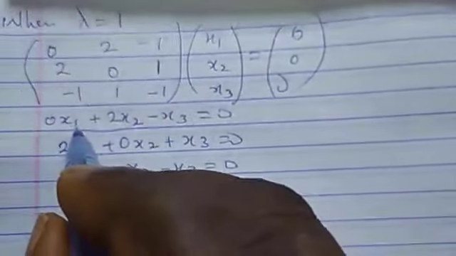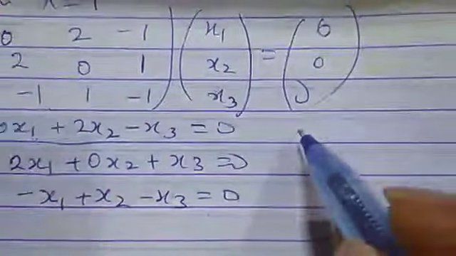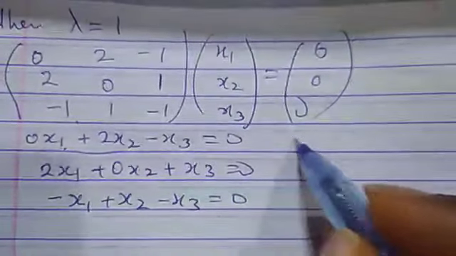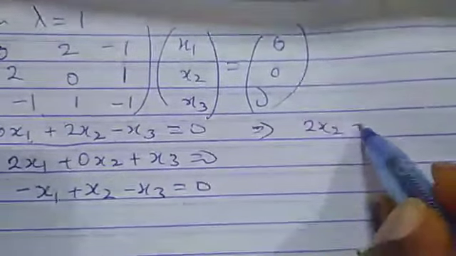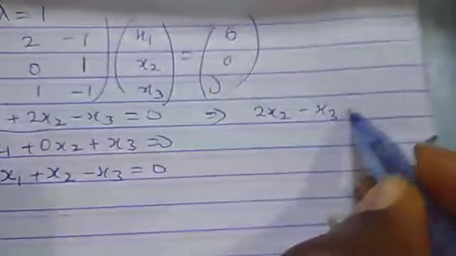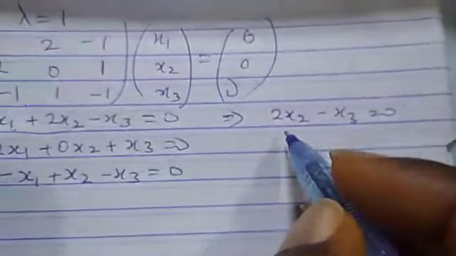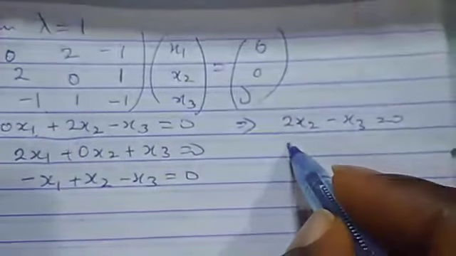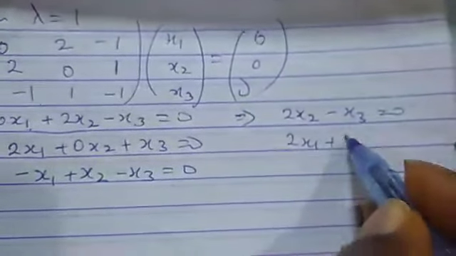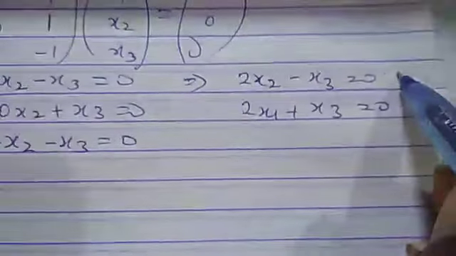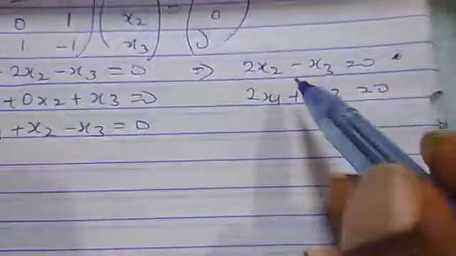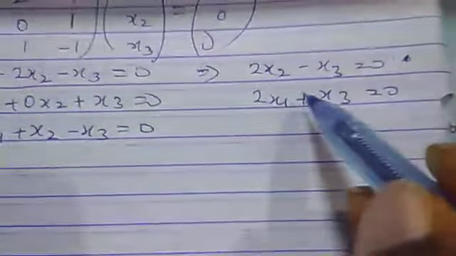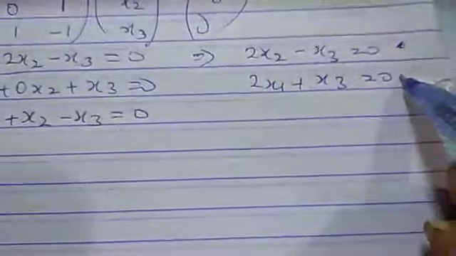So from this first equation here, we are going to have 2s2 minus s3 equal to 0, and from this one too, we are going to have 2s1 plus s3 equal to 0. So with this alone, we can find s1, s2, s3 from these two.